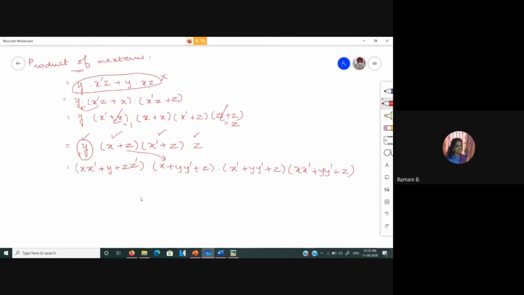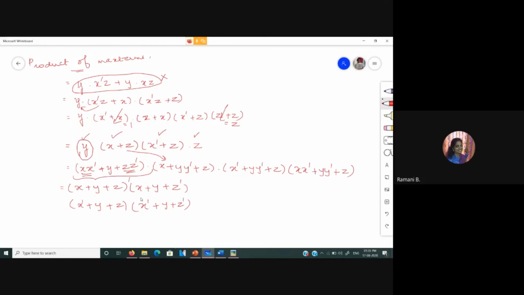Okay. Now you need to again use the distributive law for all of these. So here you are having two combinations each. So you will be ending up with x plus y plus z, x plus y plus z bar, and you will also have x bar plus y plus z, x bar plus y plus z bar. Okay, as I am used to it, I am writing as such. If you want, you separately write the distributive law and then give these terms. Okay.